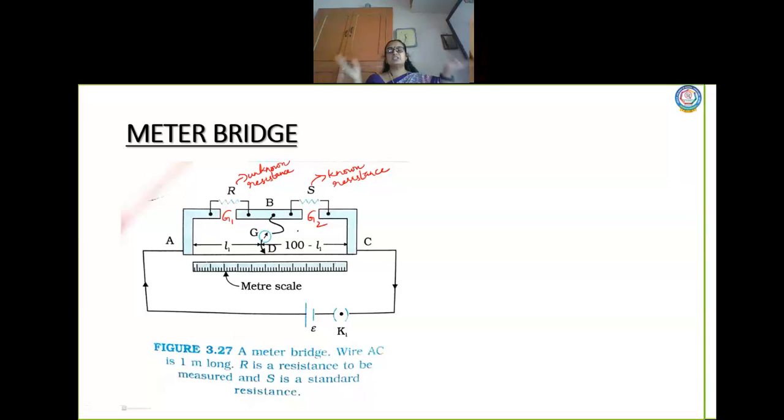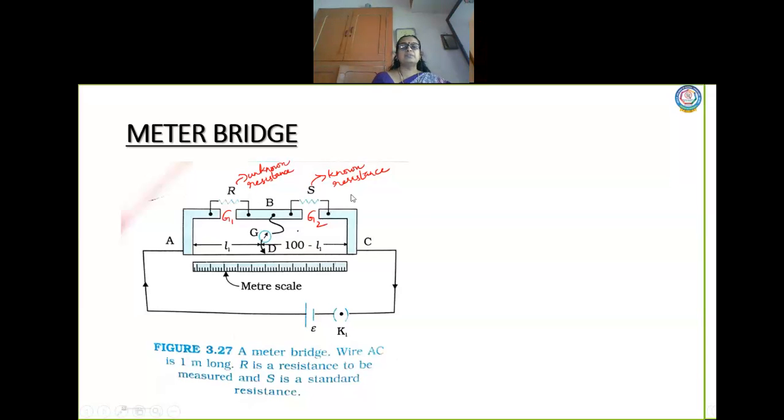So when the deflections are on either side, then you can say that your connections are correct and you can proceed with the experiment. This is the first thing you should do before starting the experiment. You should check for the deflection in the galvanometer on either side when you keep the jockey at A and C. Then you can proceed with the experiment.